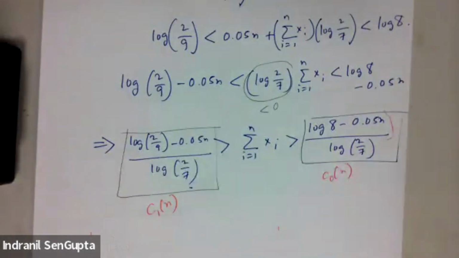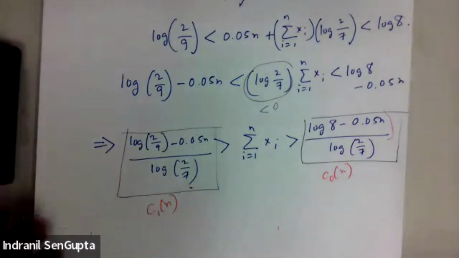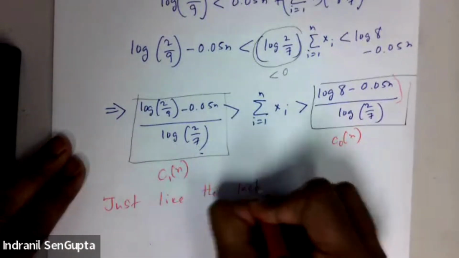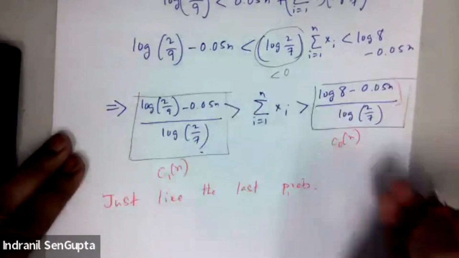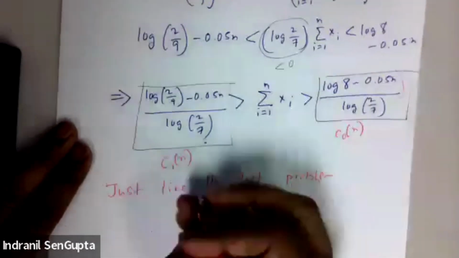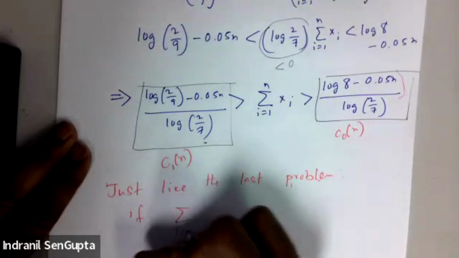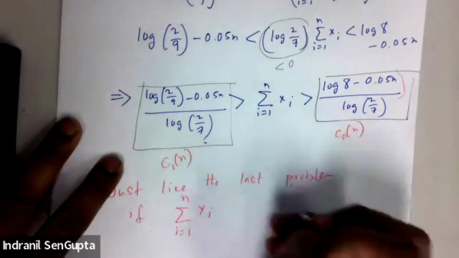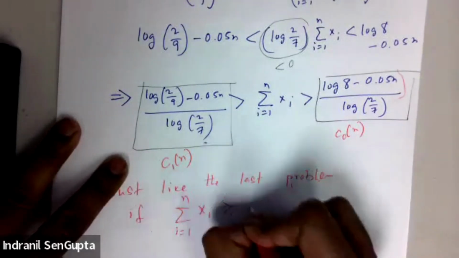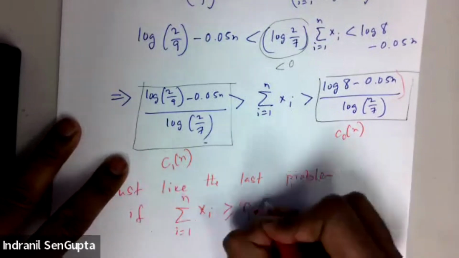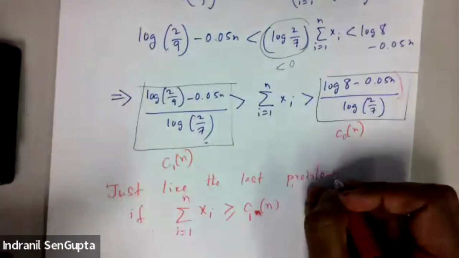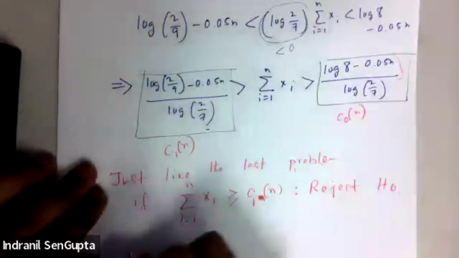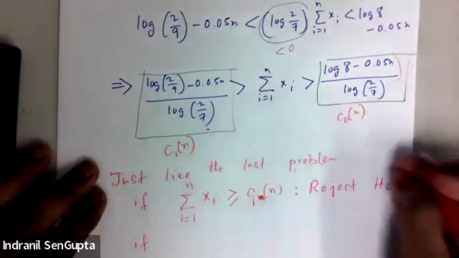And just like before, just like the last problem, you can check that since the inequalities here are flipped also, if summation i from 1 to n of xi is bigger than or equal to C1n, then that is the domain where we reject H0, because remember, this side was for rejecting and this is for accepting.